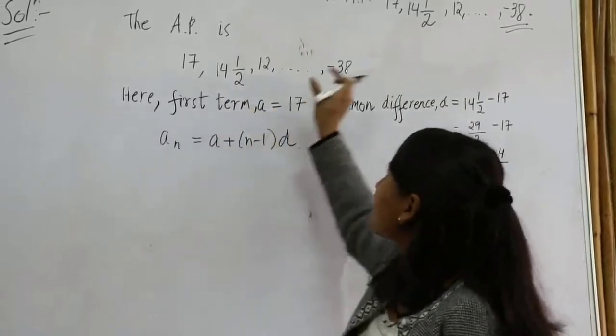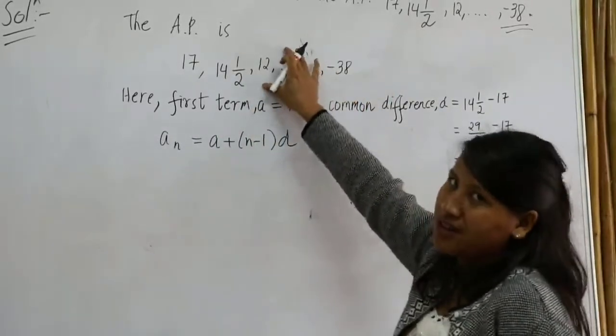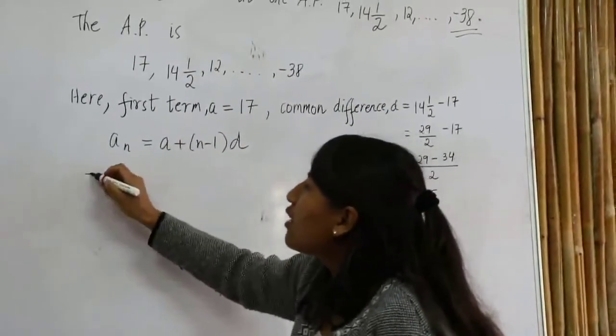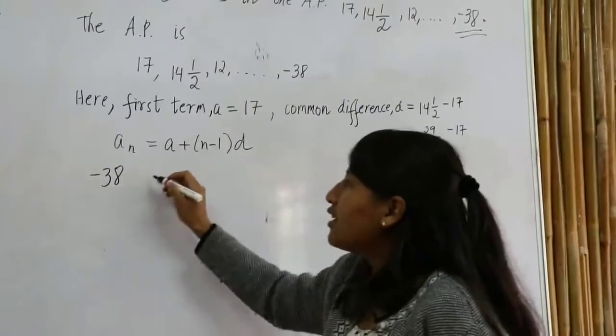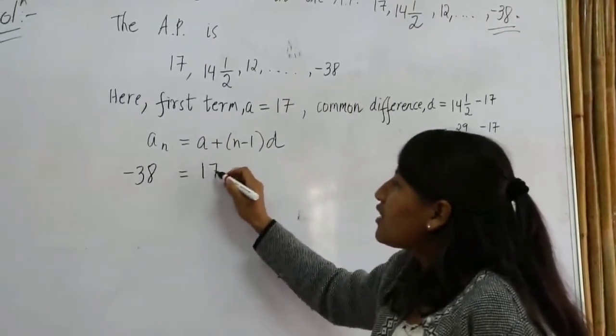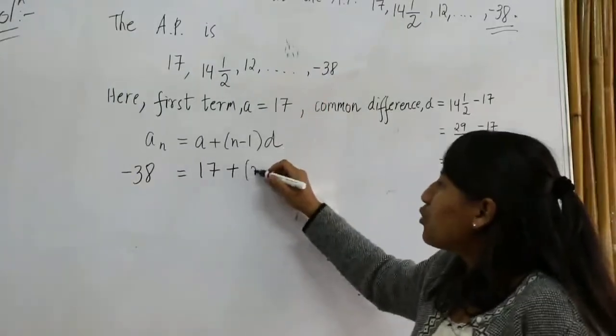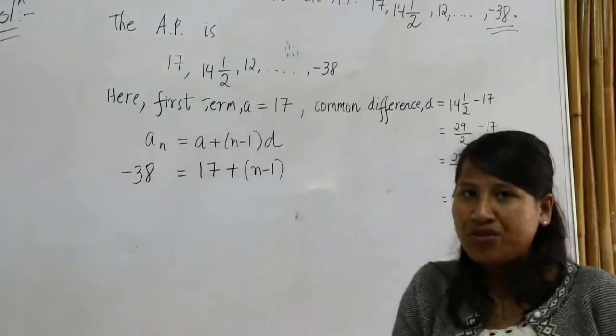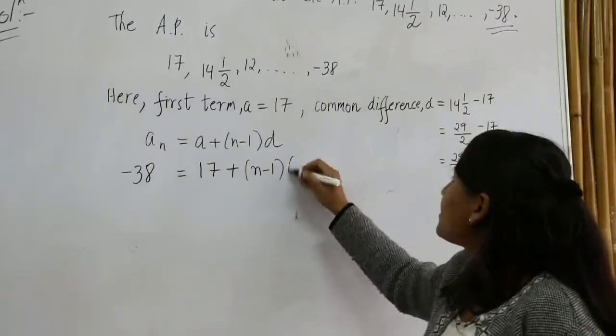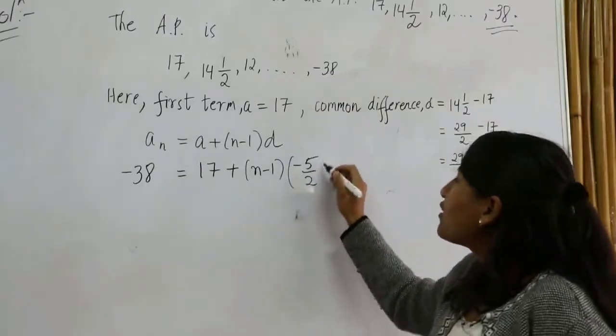Now, this minus 38 is a term here, so you write here minus 38. Now, A here is 17. Now, this n we do not know, so we have to find it out. Then d is minus 5 by 2.